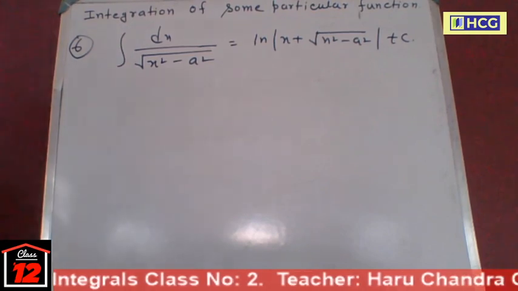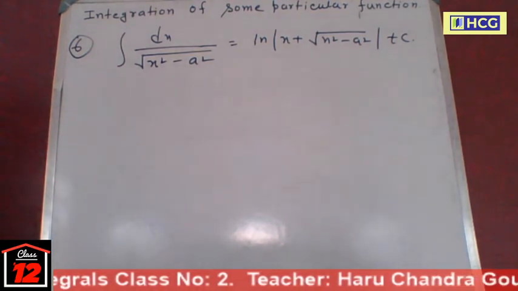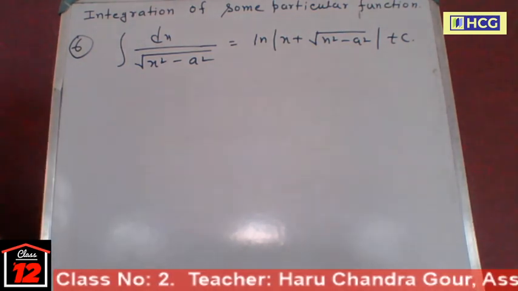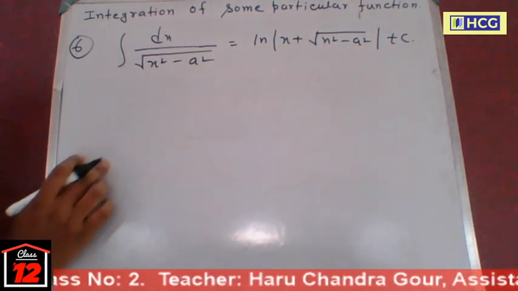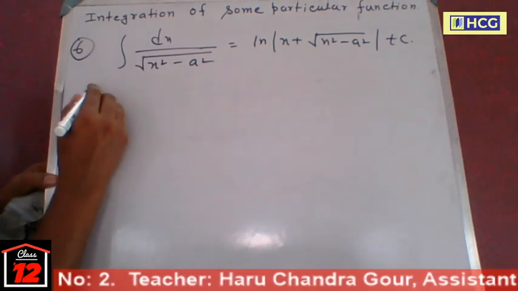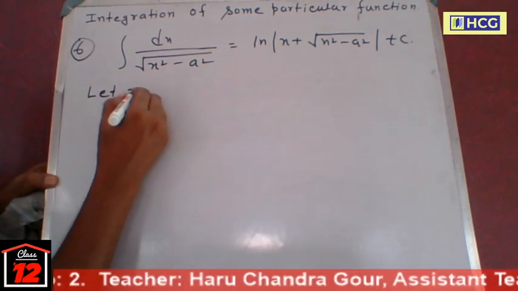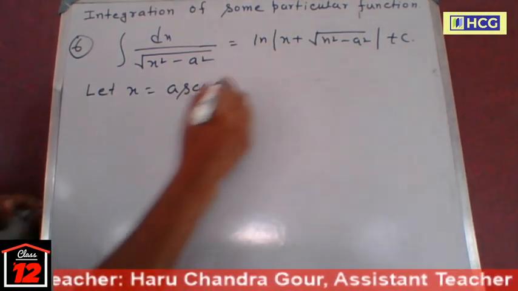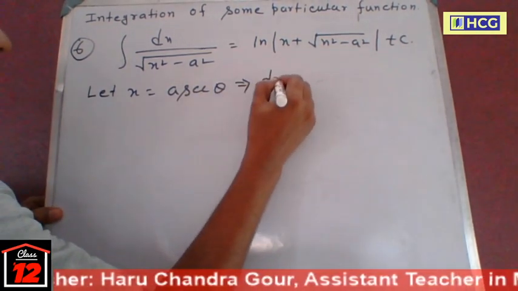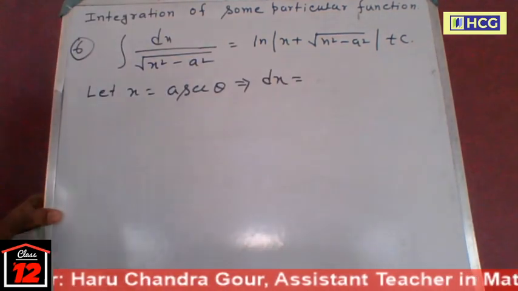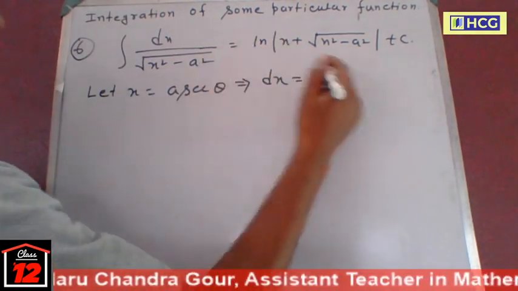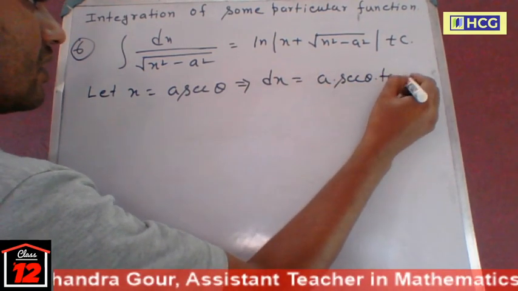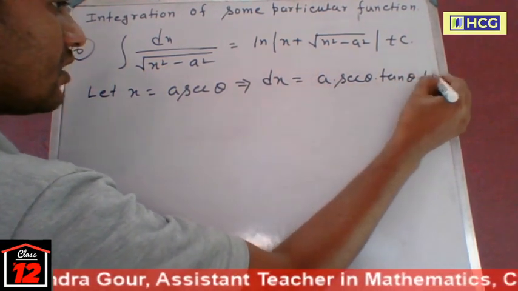Next we prove integration dx by square root x square minus a square is equal to ln mod x plus square root x square minus a square plus c. Now we prove this result. For this, let x equal a sec theta, which implies dx equals a sec theta tan theta d theta.